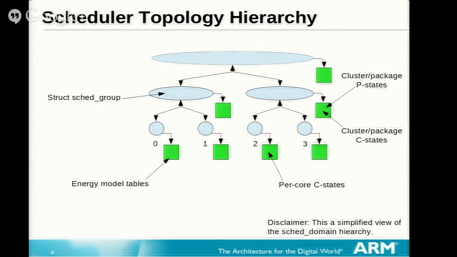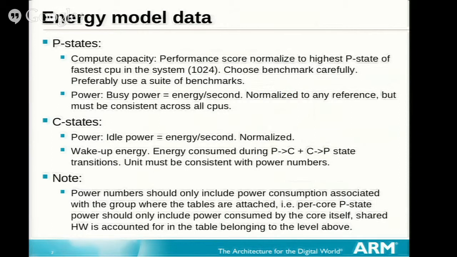So the basic idea is that you should be able to figure out the total power consumption of the system by looking at the utilization of each CPU, multiply it by the power consumption for the P state the CPU is in, and the rest of the time it's idle, and then you'll add the idle state transitions.